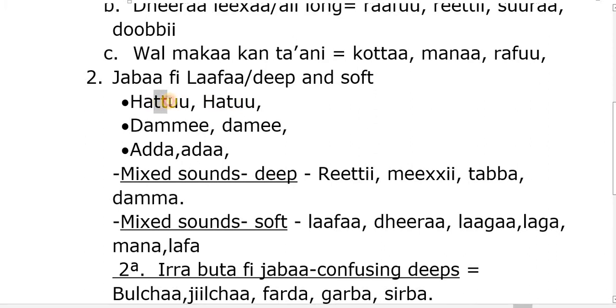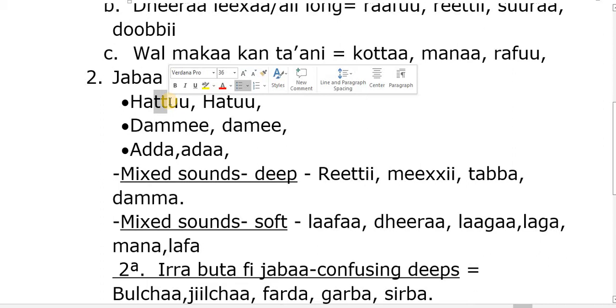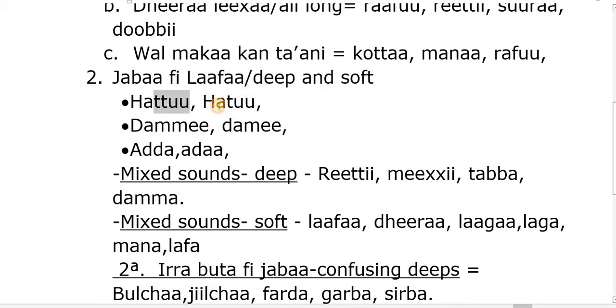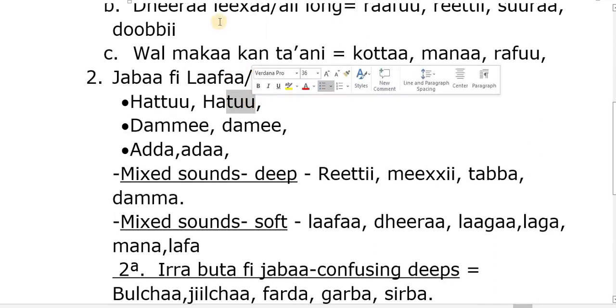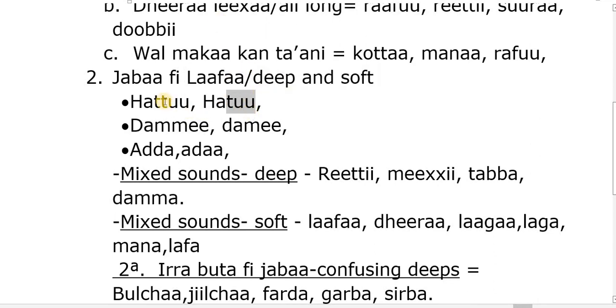That's deep. That's why we double T. And these two, as we have seen up there, are long. Hatu, deep, long. Hatu, soft, long.